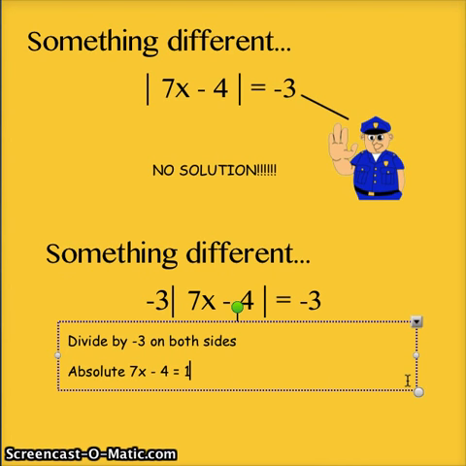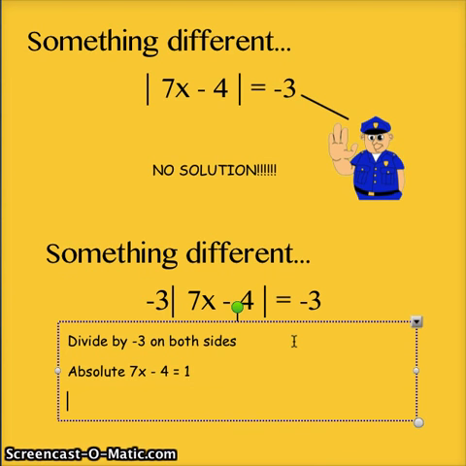Now I would go further, since it equals a positive on the other side. So be careful. Just because right now it looks like it equals negative 3, until you isolate the absolute value, you cannot make any decisions. That's why that's step 1, to get the absolute value by itself. Now you'd set this into two equations, 7x minus 4 equals 1, and 7x minus 4 equals negative 1. And you can continue to solve.